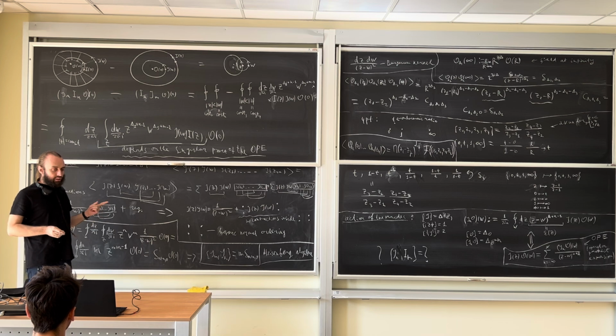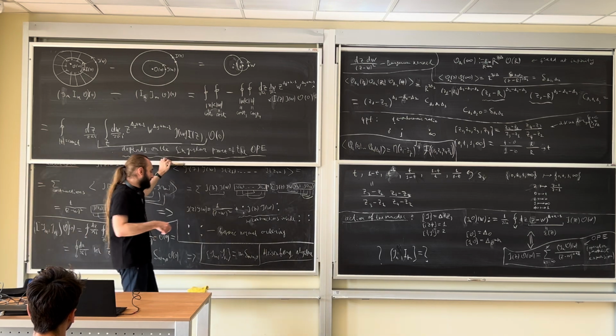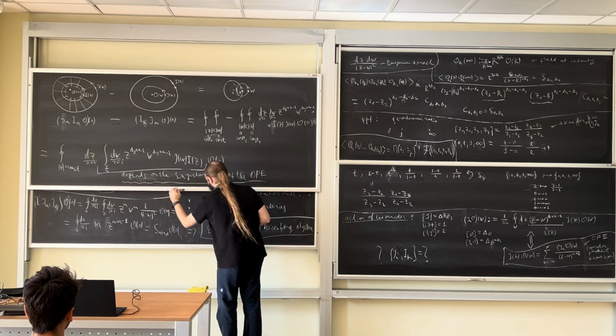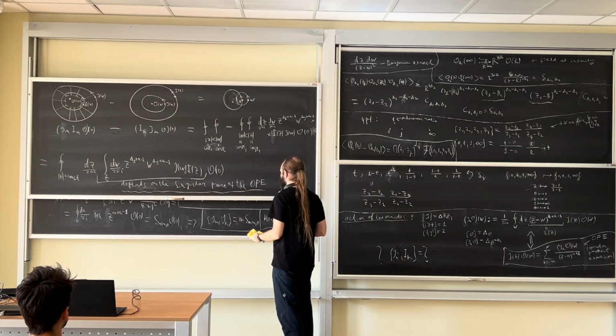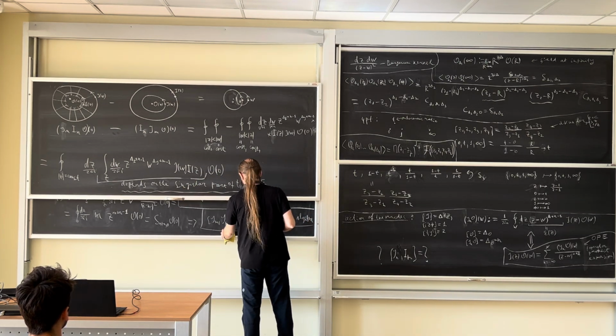What we see here is that originally we had some classical symmetry, which was just shifting the field by some holomorphic function. But at the quantum level, this symmetry becomes centrally extended.